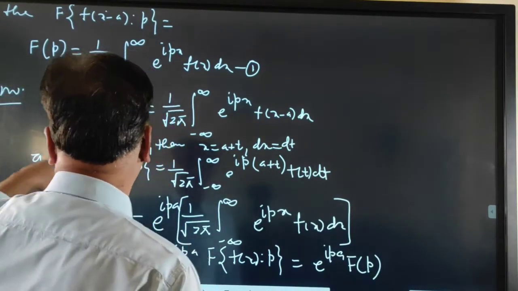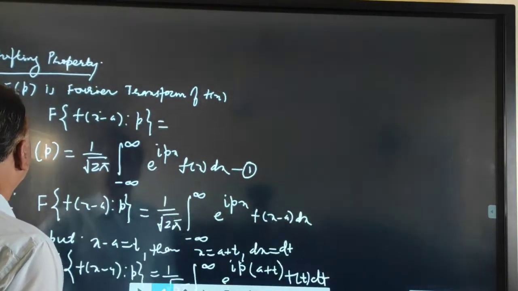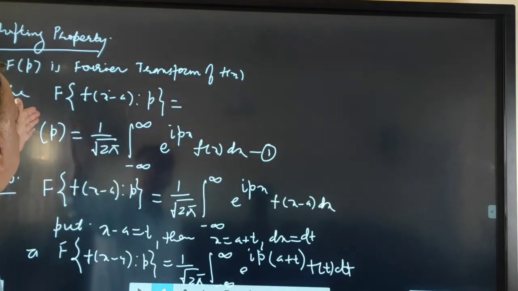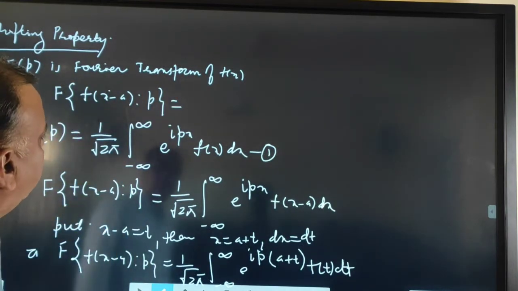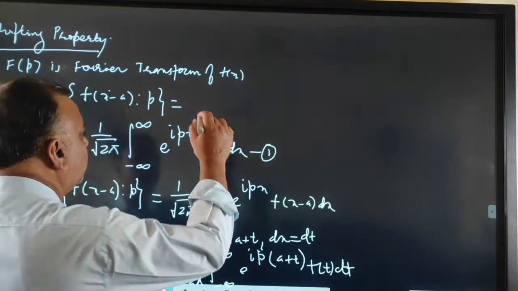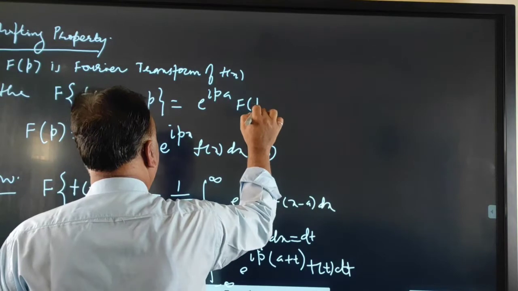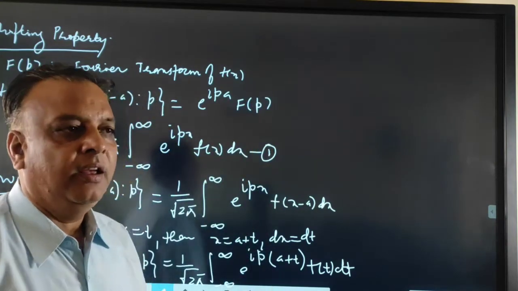So we complete this shifting property. If F(p) is the Fourier transformation of f(x), then the Fourier transformation of f(x minus a) with respect to p is equal to e raised to iota pa F(p). And this is known as the shifting property.